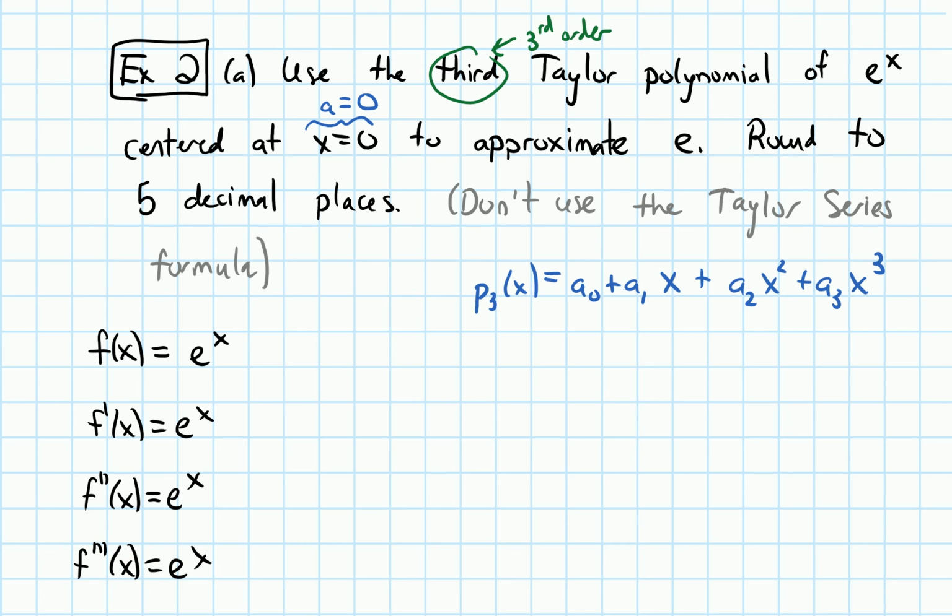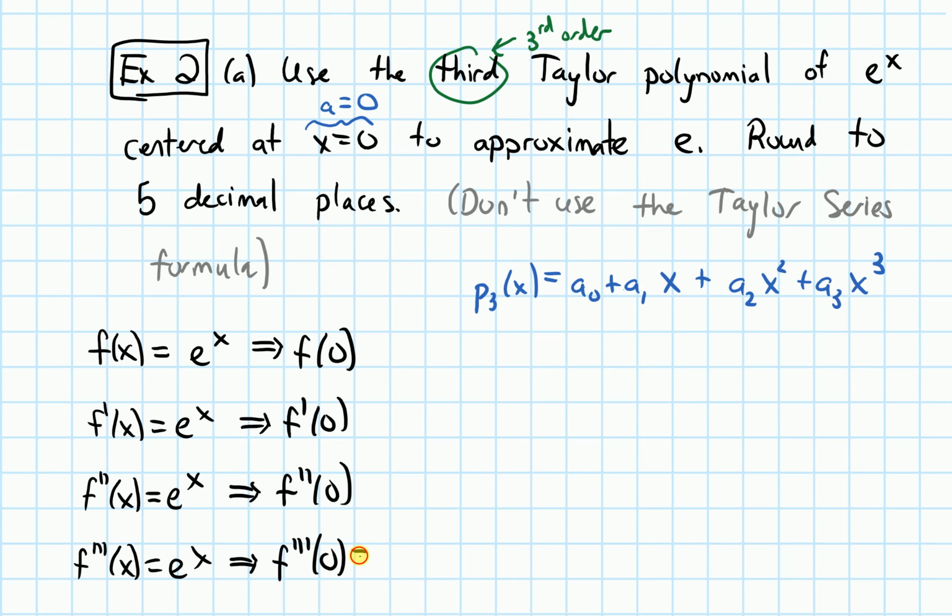And then I have to plug in whatever we are centering our Taylor series at into all of these. Okay, so when I plug 0 in to this, and when I plug 0 in to the first derivative, and 0 into the second derivative, and also 0 into the third derivative, I just get e to the 0 for all of these, which is 1. So all of those are just 1.